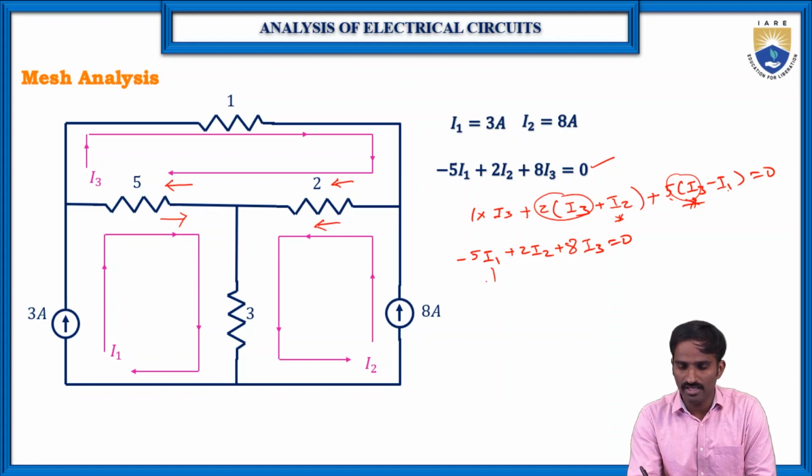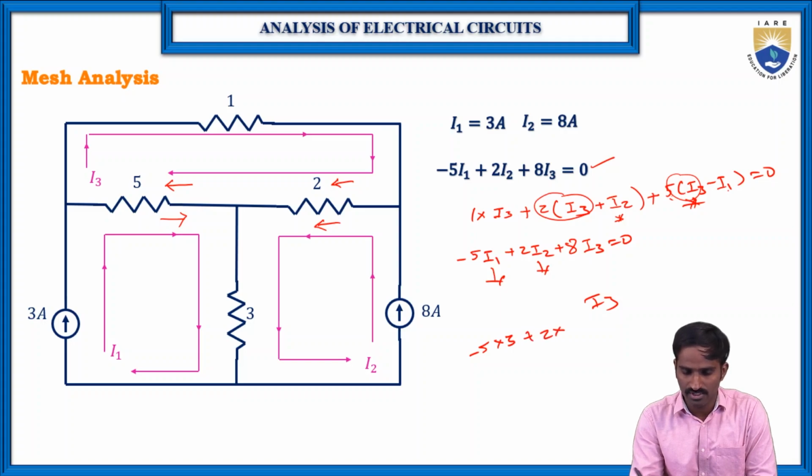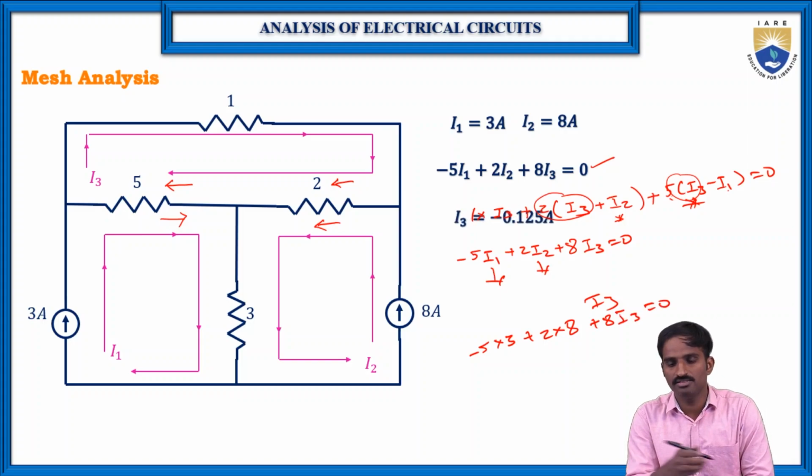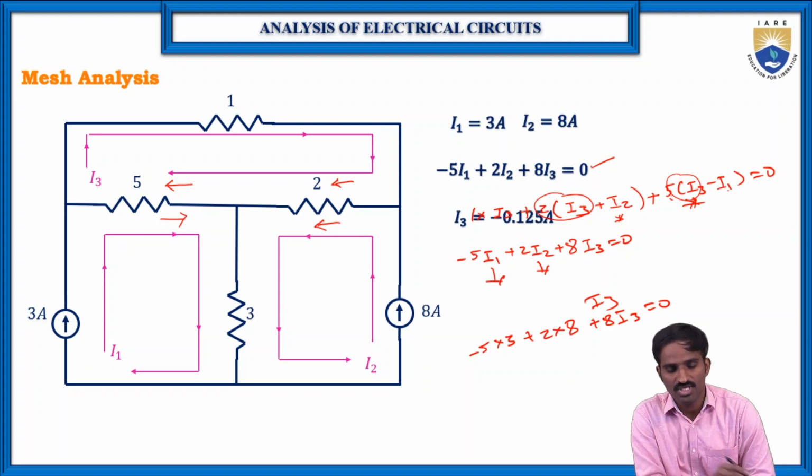Then substitute the I1 and I2 values in this equation and you will get I3, because you know the I1 value. So minus 5 into I1, which is 3 amperes, plus 2 into I2, which is 8 amperes, plus 8 I3 equal to 0. Then you will get the I3 value as 0.125 amperes. So very simple, right?